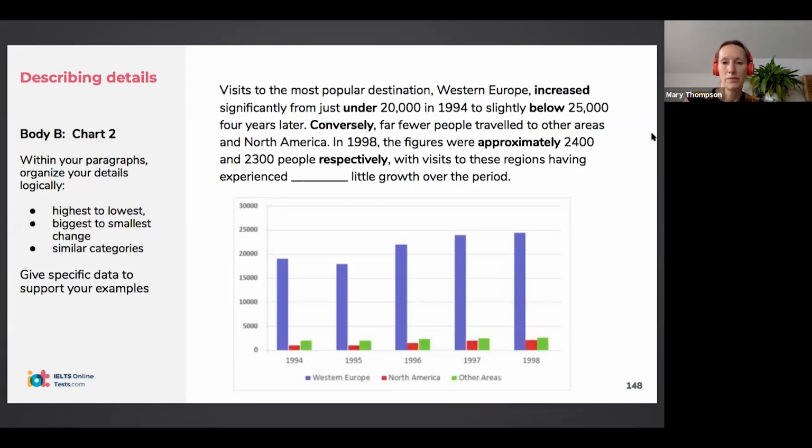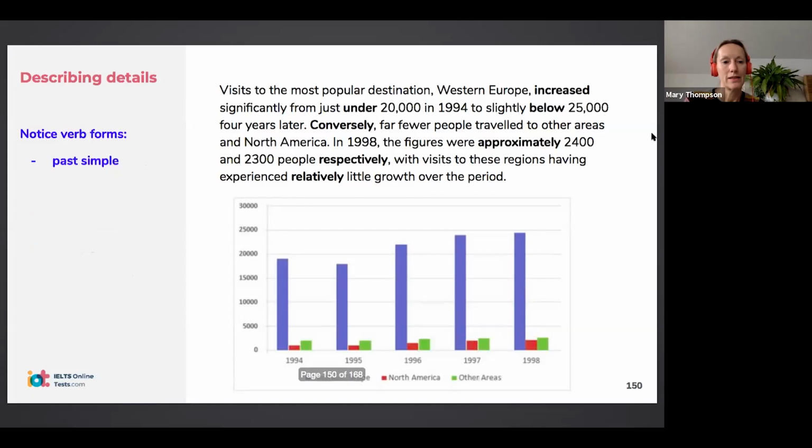Any idea? Relatively, that's okay. You could say relatively little growth over the period. It's probably about the best word to use, actually. You could maybe say barely little growth.